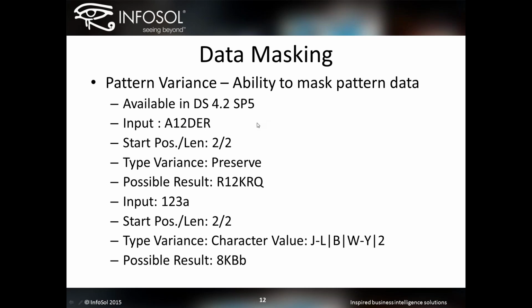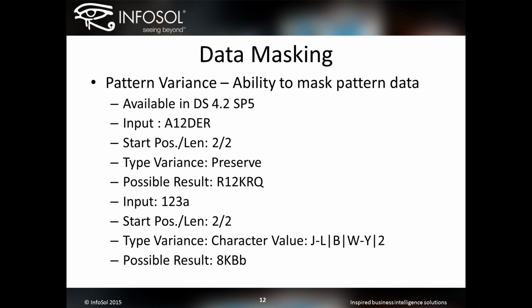Say we had this input A12DER, and we can say, starting at position 2 for a length of 2, I want to preserve that information, but randomize everything else. The result could come out like this, R12KRQ.